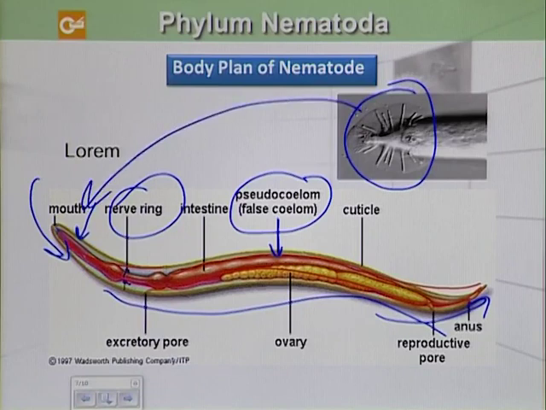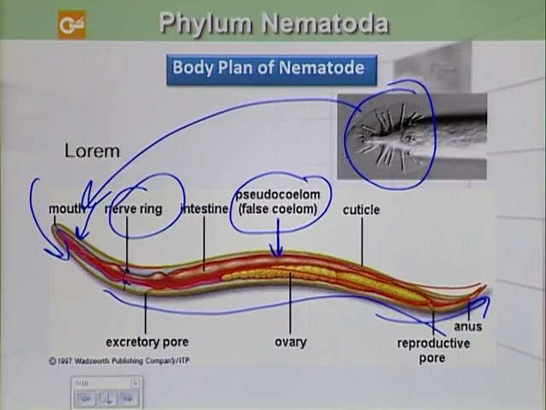And it is to be noted here that they lack a defined circulatory system और इसका जो रोल है वो pseudocoel perform करता है. And in addition there is no respiratory system, और जो gaseous exchange होती है वो via general body surface होती है, via the process of diffusion.